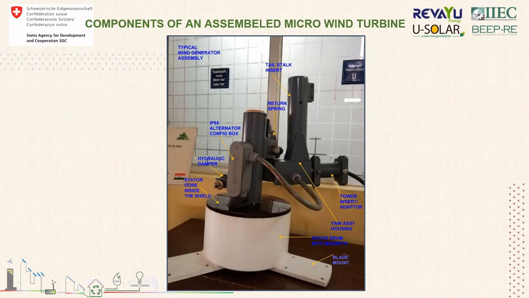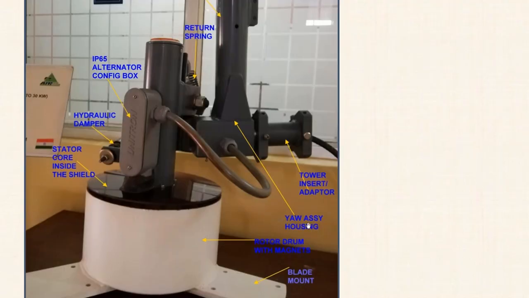So this is a component-wise view, just to give an idea of the components. This is the insert adapter where the turbine is inserted. The yaw assembly is attached to the governor, through which the tail vane is attached, and the turbine moves in the maximum wind direction.